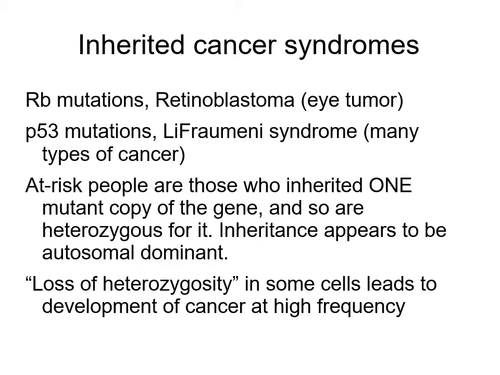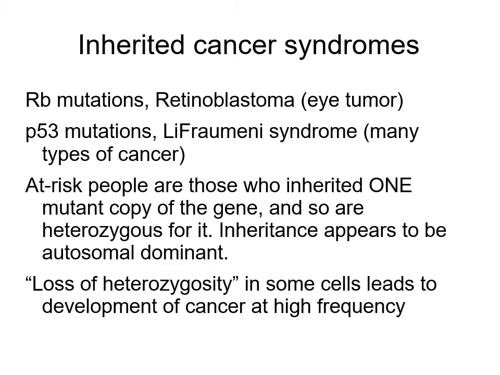Retinoblastoma is the most famous inherited cancer syndrome, being the earliest to be understood. It's an eye tumor that results from lack of functional RB protein in certain cells. Li-Fraumeni syndrome leads to many types of cancer. The inherited part is a little bit hard to understand, because people that have this syndrome actually inherited only one mutant copy of the gene, not two.